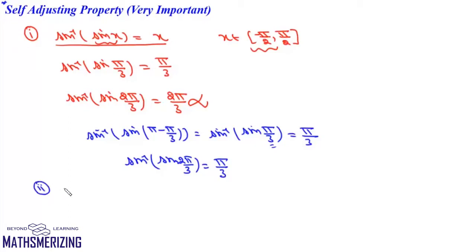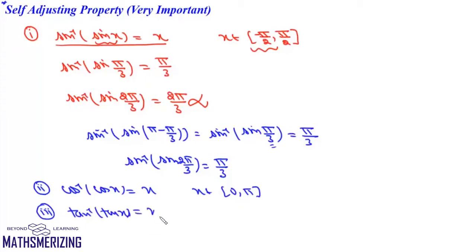So if we have cos inverse of cos x, it will be x only when x lies between 0 to pi. In the same way, tan inverse of tan x will be x when x lies between minus pi by 2 and plus pi by 2. Fourth one is cot inverse of cot x, it will be x if x lies between 0 and pi.